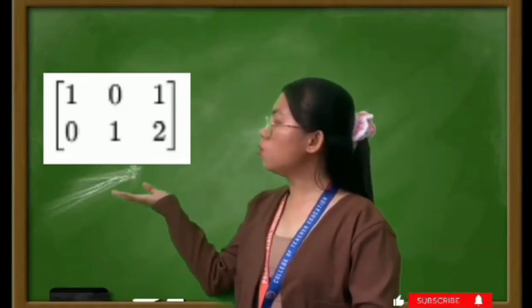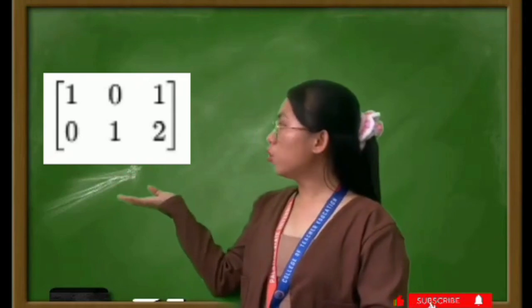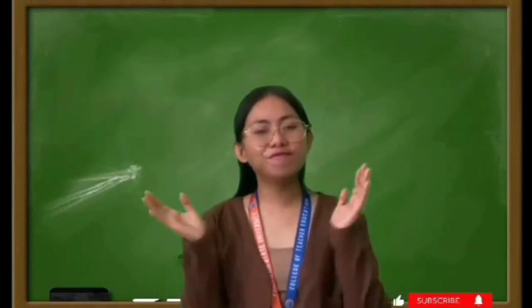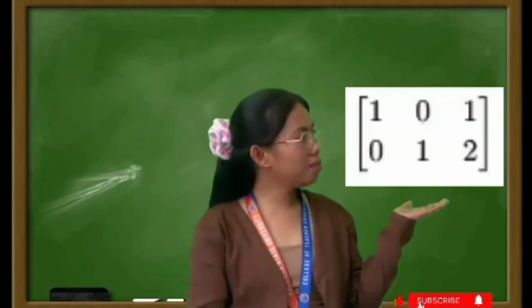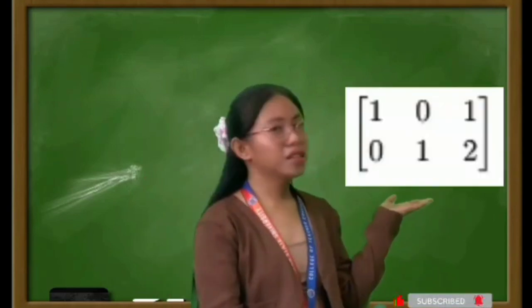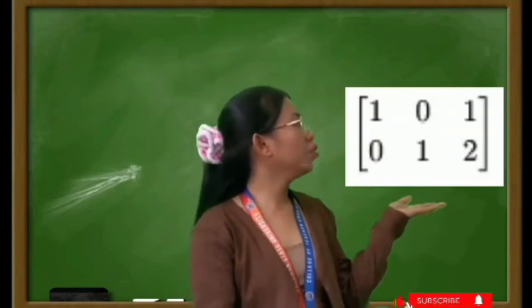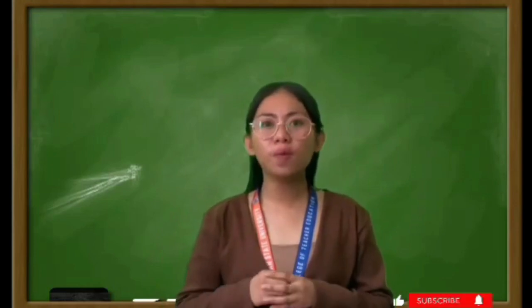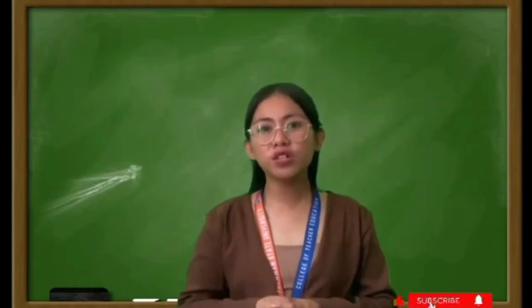And for the second row, we have 0, 1, and 2. And finally, this final matrix tells us directly that x equals 1 and y equals 2. And that's it. We use basic row operations to reduce the matrix and solve the system.